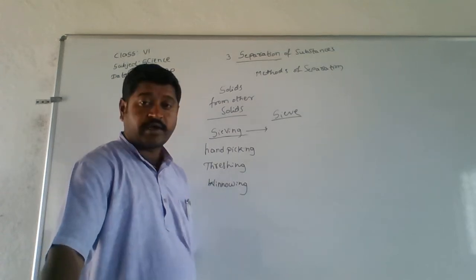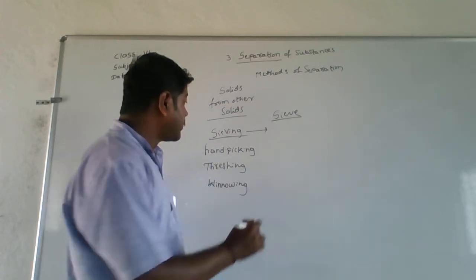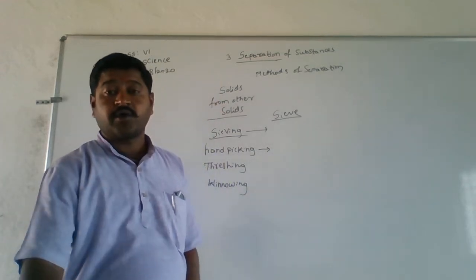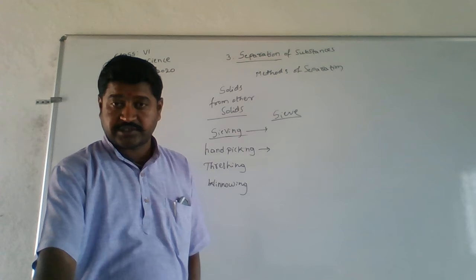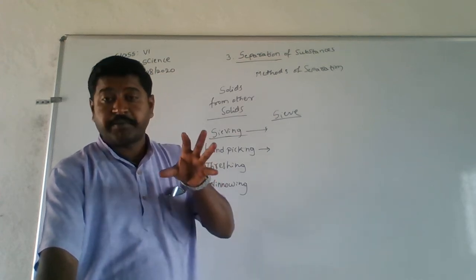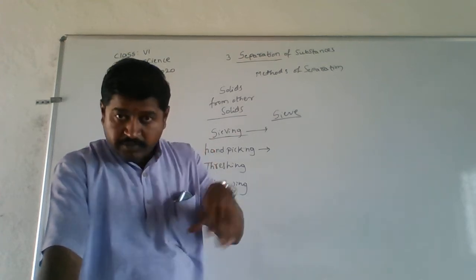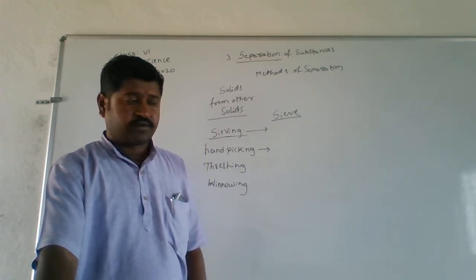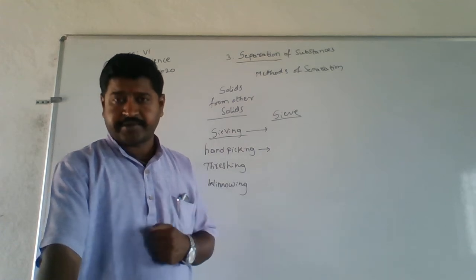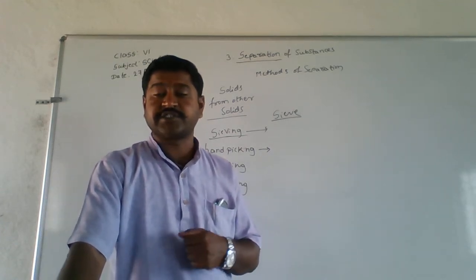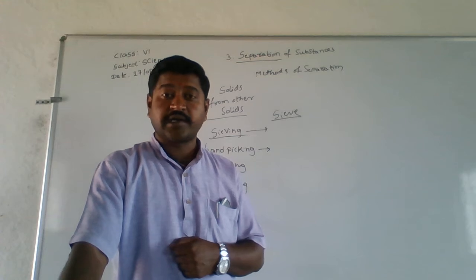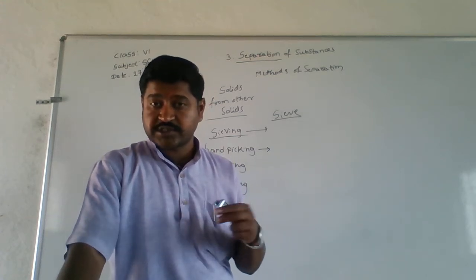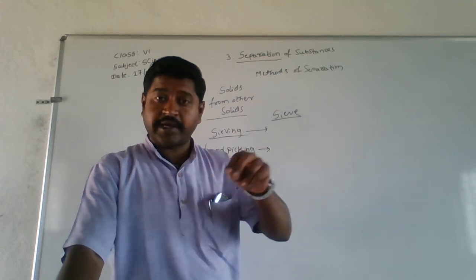Then we have hand picking. Actually, this hand picking depends on the quantity of impurities, means how much amount of impurity is there in how much quantity of mixture. That is important, because you will be cleaning pulses. While cleaning pulses, if there are any impurities like stones, mud, you pick them by hand.